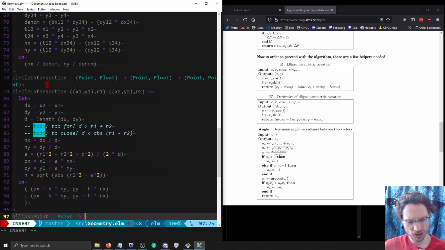So I actually have a type that represents an ellipse in the other module, and that has all that stuff broken out.